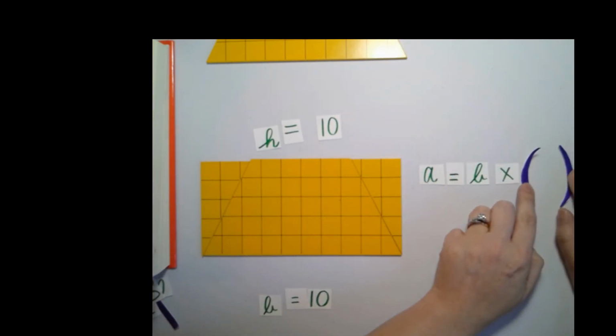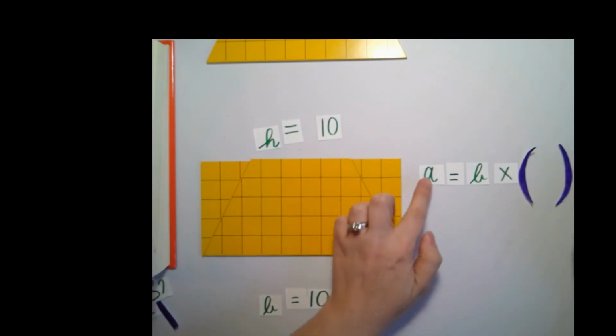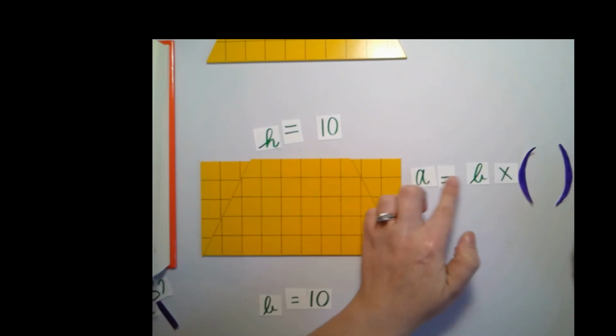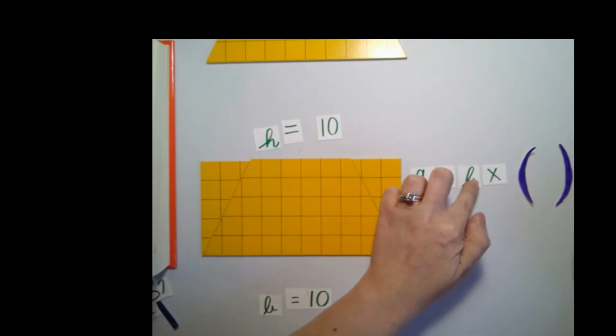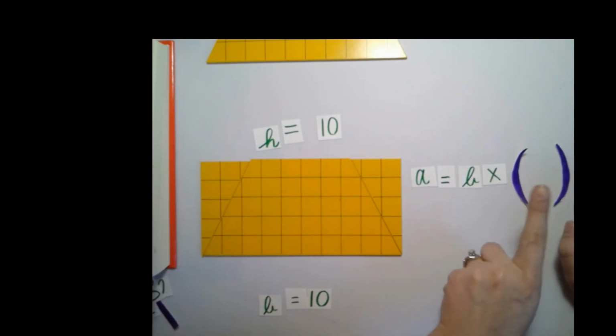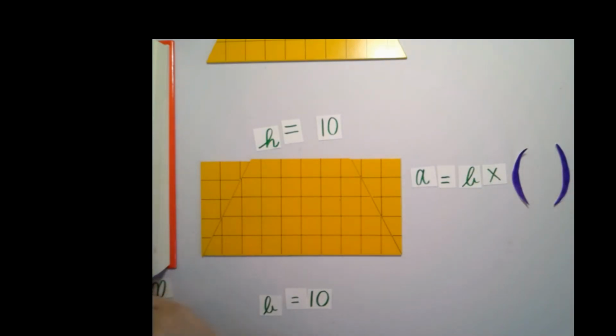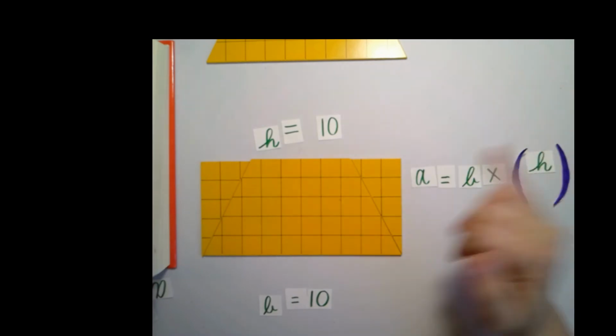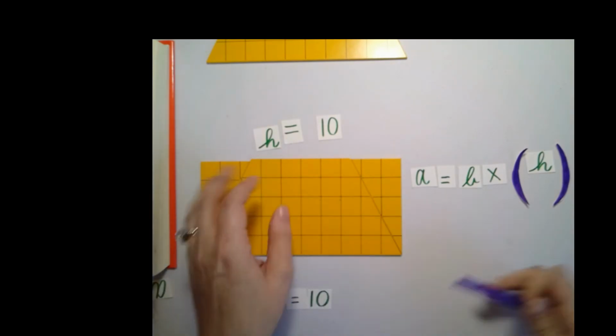They are called parentheses. And when we have parentheses, whatever is inside of them is what is done first. That is the first step. So inside our parentheses, we have our height divided by 2, divided in half, just like we saw before.